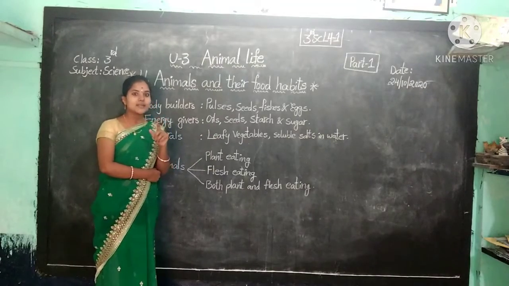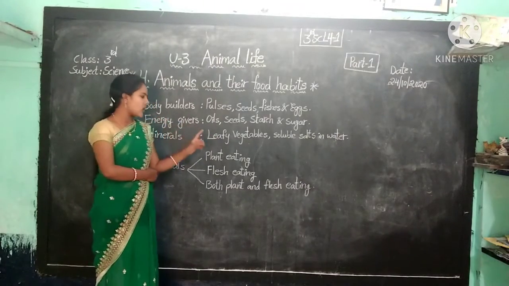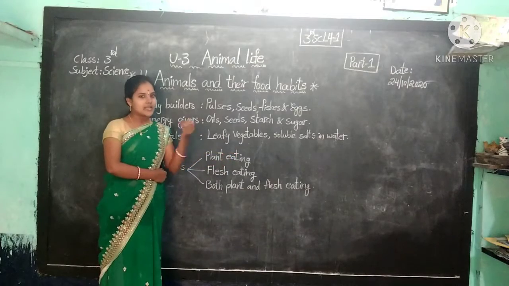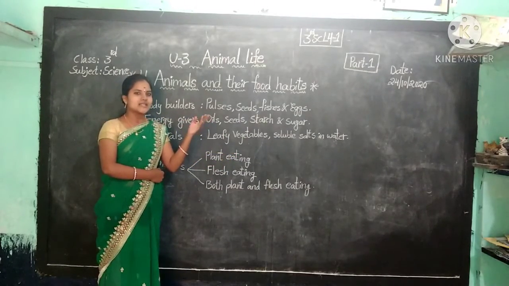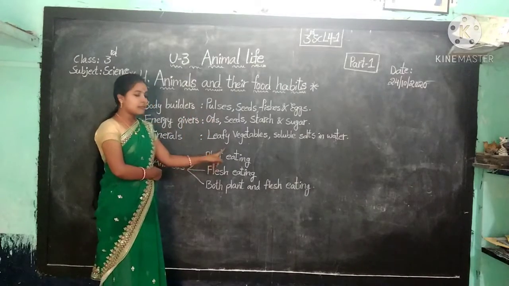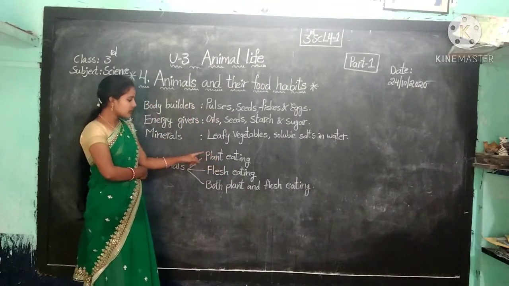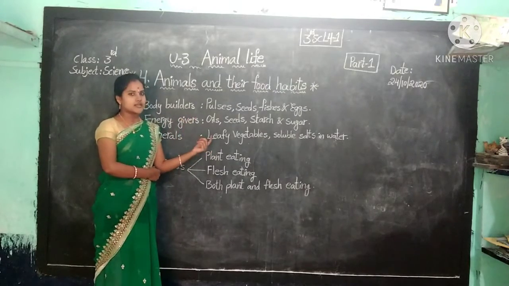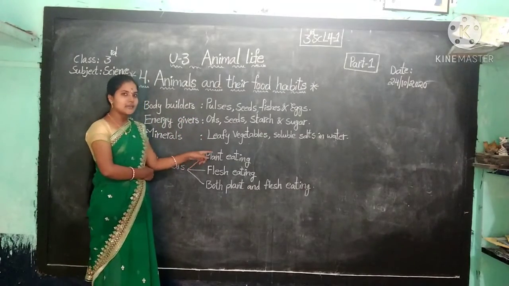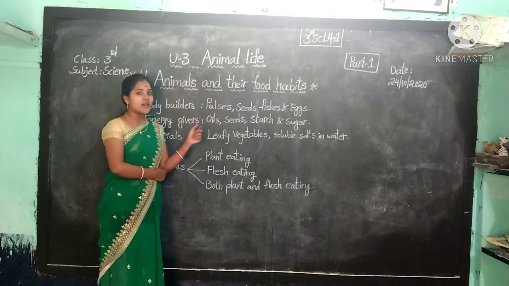Animals that eat grass and plants are called plant-eating animals. Animals that eat only plant products like grass, pulses and so on are called plant-eating animals. And plant-eating animals are also called herbivores. Okay, children, plant-eating animals are also called herbivorous.